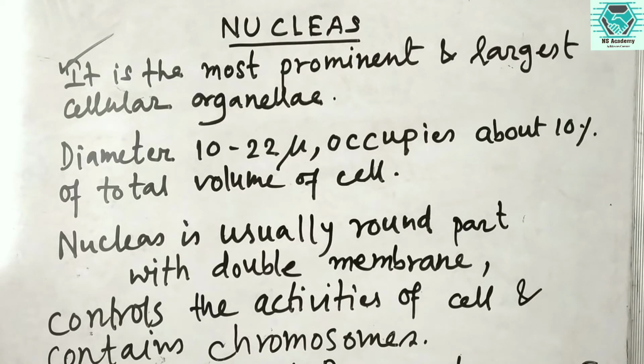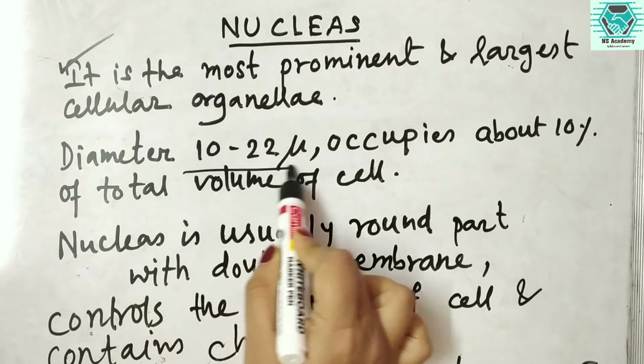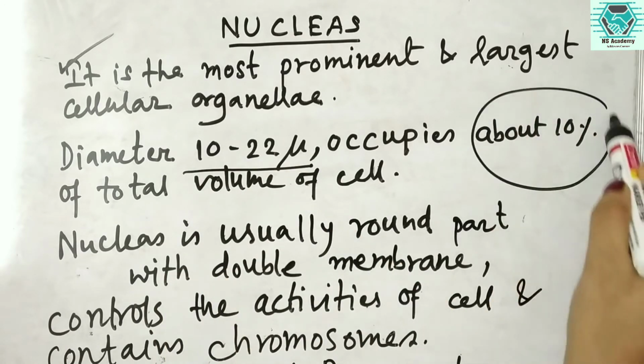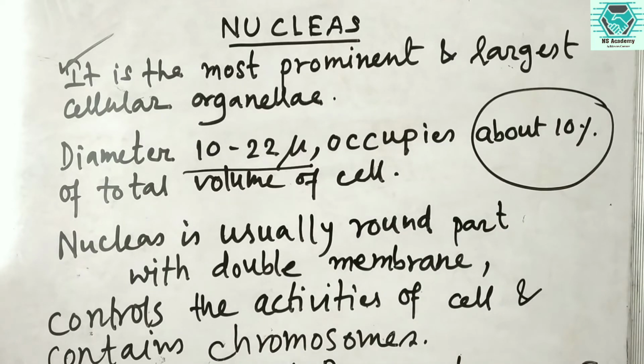In eukaryotic cells, the diameter of the nucleus is 10 to 22 mu, and it occupies about 10% of the total volume of the cell.